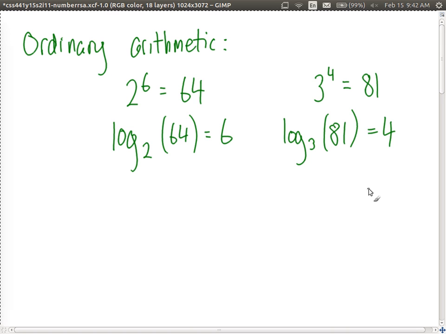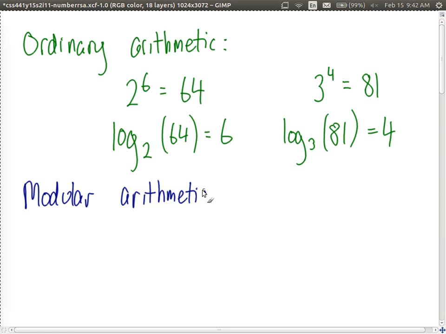That's our normal arithmetic. We want to do those operations, but with everything mod n, modular arithmetic. Three to the power of 2 mod 7.